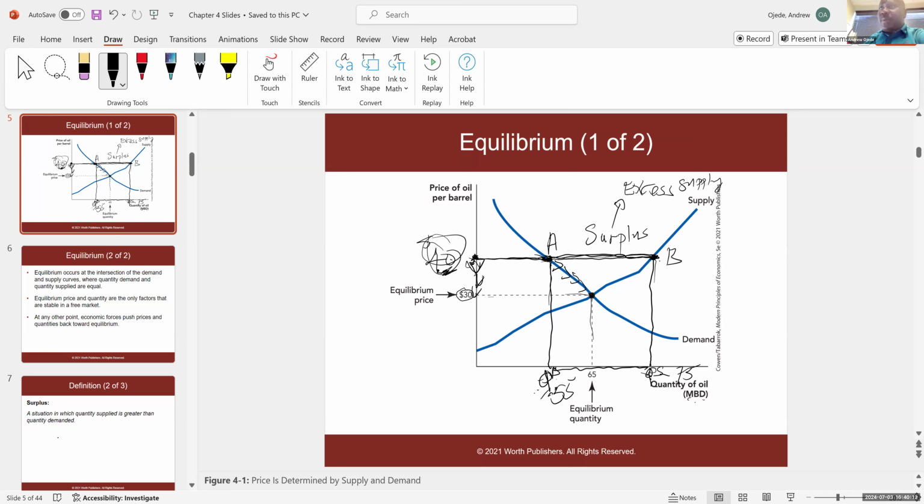From the law of supply, when the price starts falling, you move along the supply curve downwards. That continues until the price comes back to $30 and we reestablish equilibrium. So that's why we're saying this equilibrium is a stable equilibrium: when markets are not in equilibrium, the market forces of supply and demand will act to push the market price back to equilibrium. And that's exactly what happens.